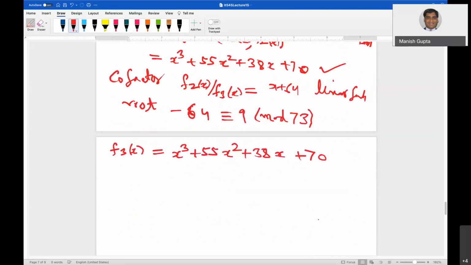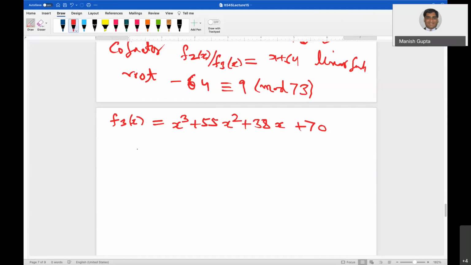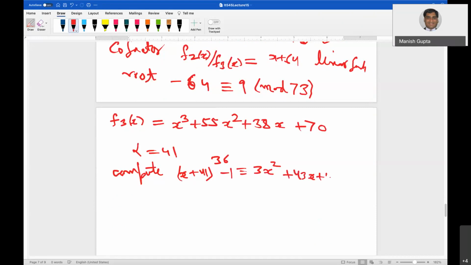Again, we try different alpha. Suppose we try random alpha, alpha is equal to 41. Then we compute (x plus 41) raised to power 36 minus 1. It turns out to be 3x square plus 43x plus 4 mod f3 of x.